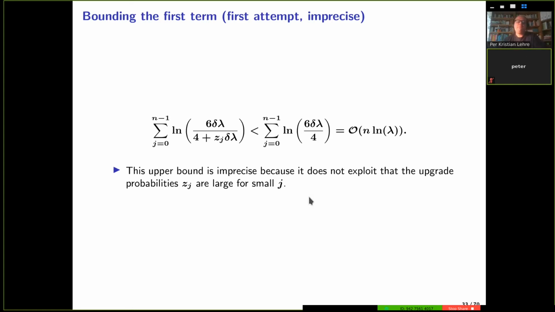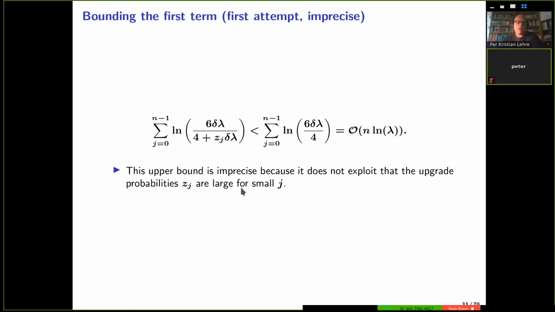So if I do a very simple simplification, I just say, okay, this denominator here is lower bounded by the constant 4. Then I get that this sum is less than or equal to log of delta times lambda. Okay, and I have n levels here. So this is n times log lambda.